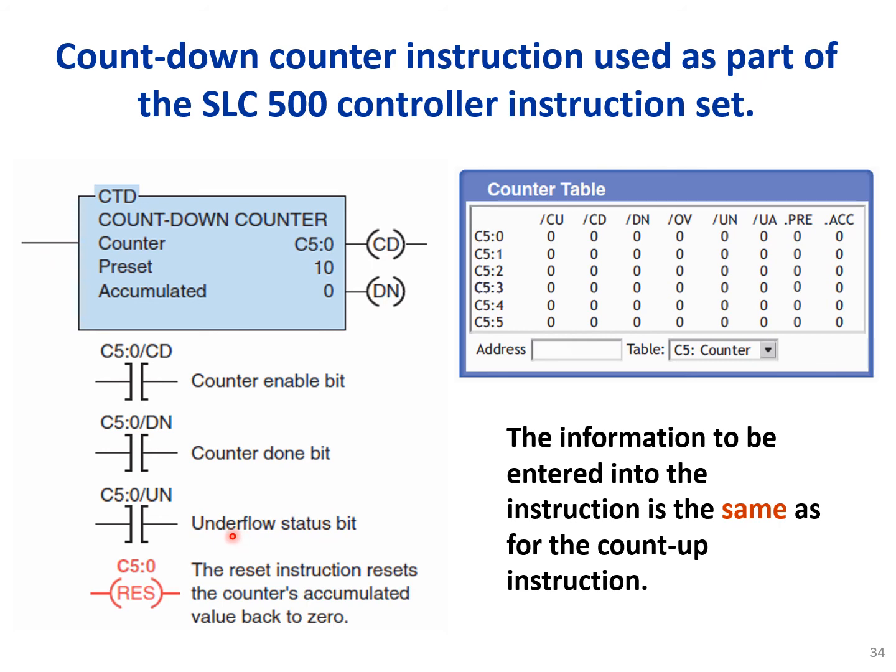So if it reaches the maximum value of the counter, that goes on, and the reset instruction. The information to be entered into the instruction is the same as for the count up instruction. Okay, so this information is the same as for up counters that we already explained.